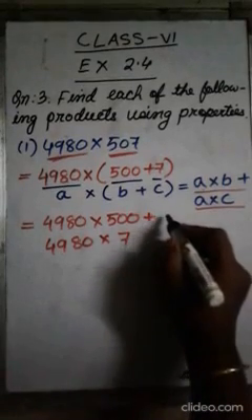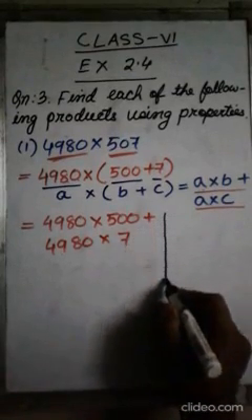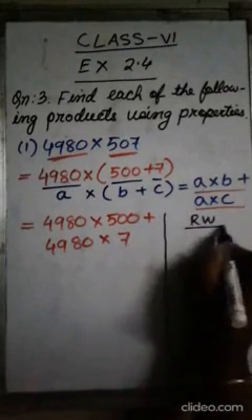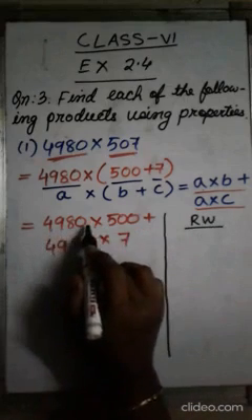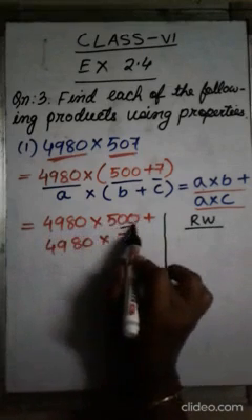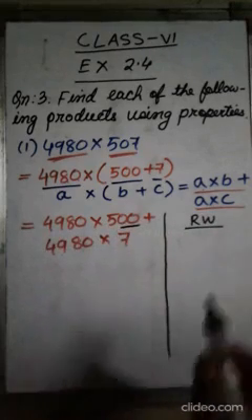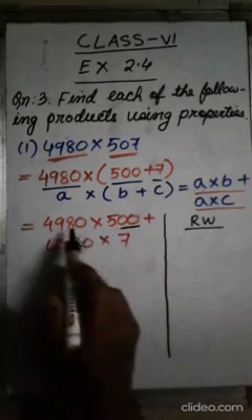On your right hand side, as I have told you, you have to do the rough work. Rough work: 4980 into 500. These two zeros I am leaving for multiplication because I want to make it easier.